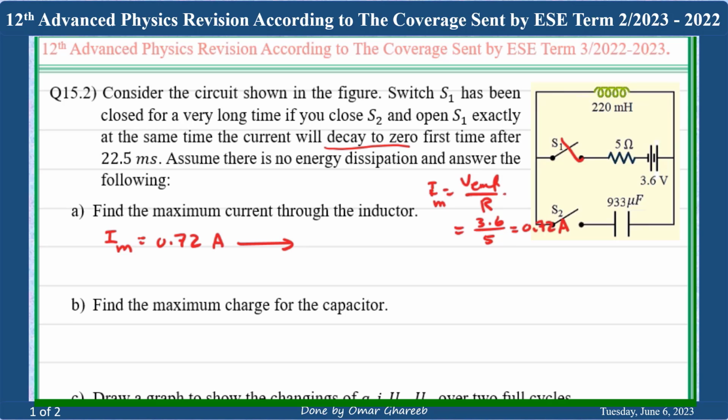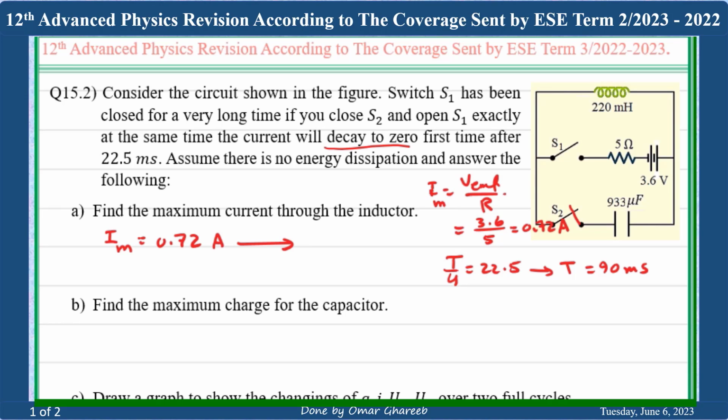So this time, 22.5 milliseconds, is 1/4 cycle. So T over 4 equals 22.5 milliseconds. That means T is 90 milliseconds. That happens if we open S1 and close S2 at the same time.